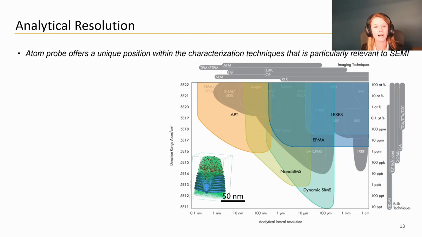Here on both y-axes, we have a detection range, that's a sensitivity or concentration that we can collect. And on our x-axis, we have a lateral resolution. That's basically how many ions or what volume we need to measure to get that particular concentration. We see that Atom Probe Tomography occupies a place in this materials analysis landscape that's really difficult for other techniques to reach.